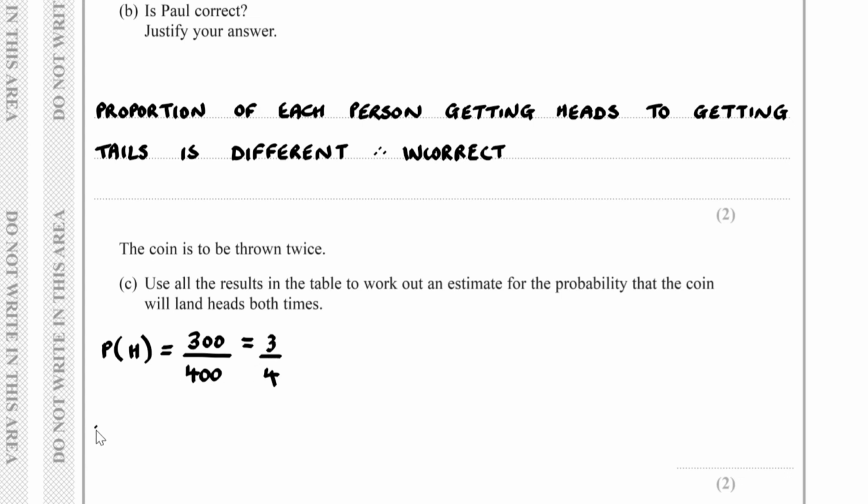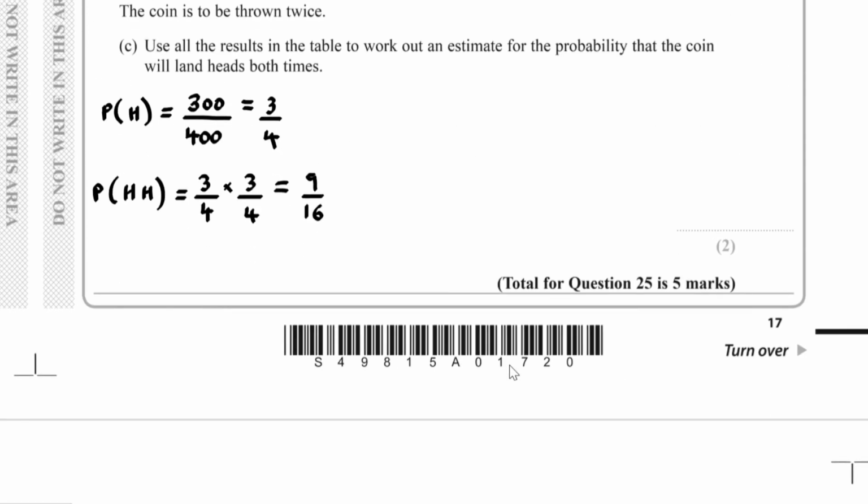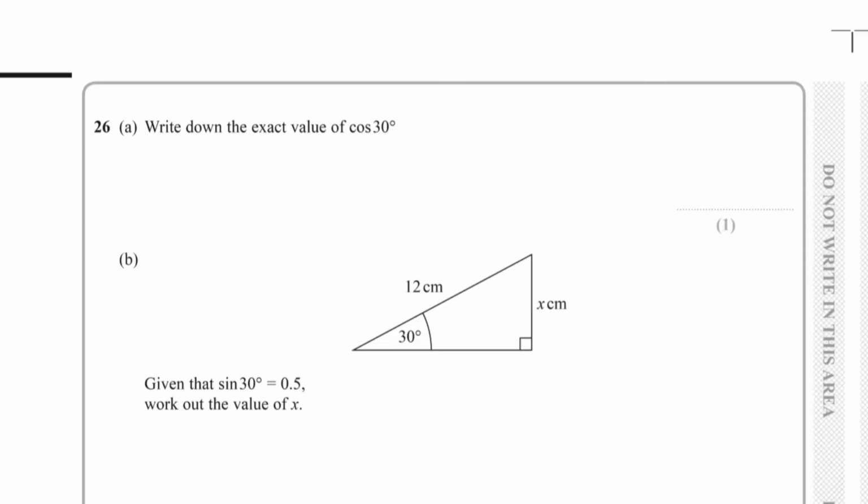And therefore, the probability of getting a head twice is equal to 3/4 times 3/4, which is equal to 9 over 16. So the probability of getting a head twice is 9 over 16.